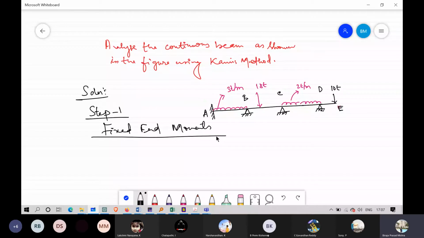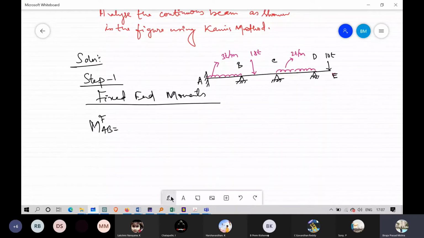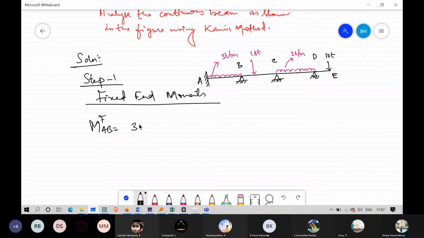Okay, so now MFAB. What will be MFAB? Please answer. Sorry, I didn't mention the dimensions over here. My mistake. This is 8 meters and it is 1.5 I, and this one is 8 meters, this is 4 meters, and this entire one is 2I.